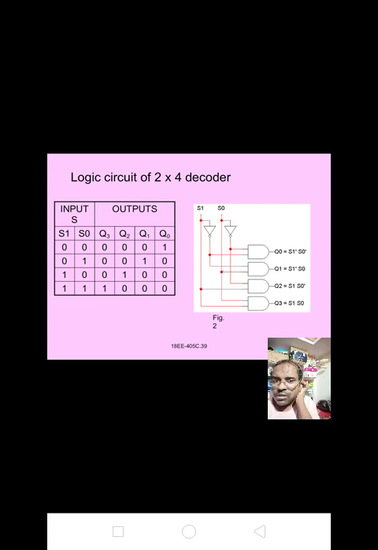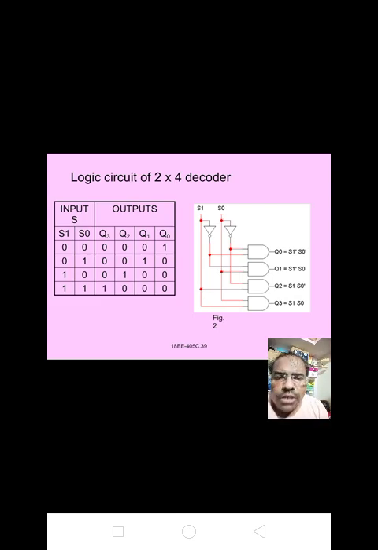Next, 4 inputs are there, that is for 0 it is 0 0, for 1 it is 0 1, for 2 it is 1 0, for 3 it is 1 1.